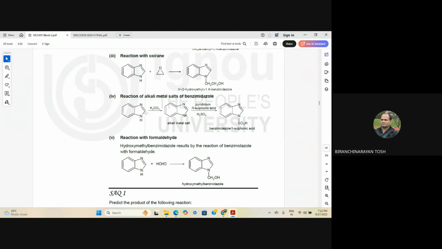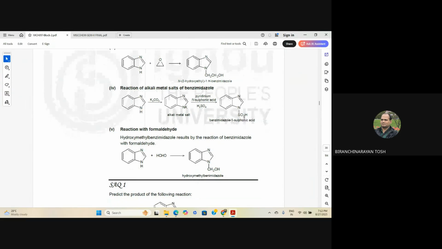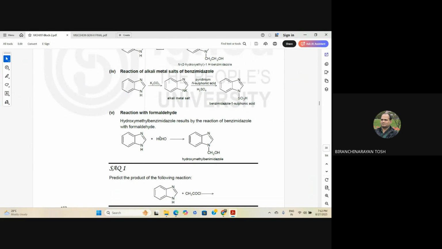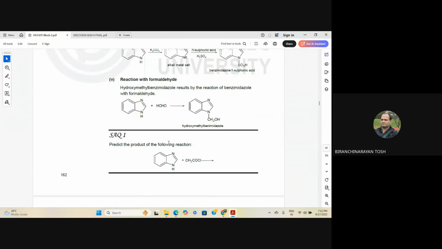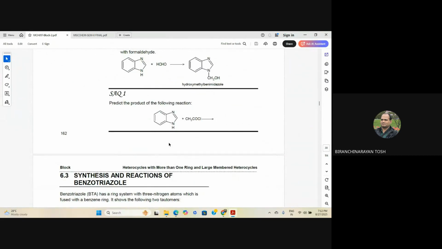Reaction with alkali metal gives the potassium salt, which upon reaction with pyridinium N-sulfonic acid gives the sulfonic acid derivative. With formaldehyde, we also get hydroxymethyl benzimidazole with substitution at nitrogen. So these are the reactions of benzimidazole.